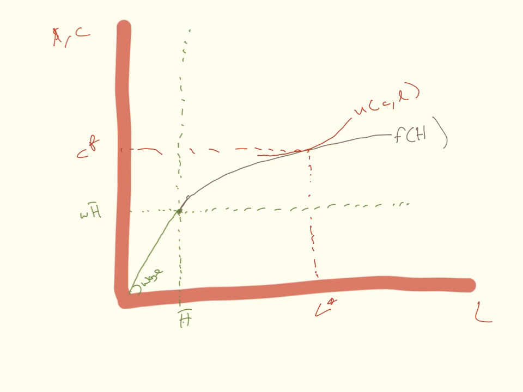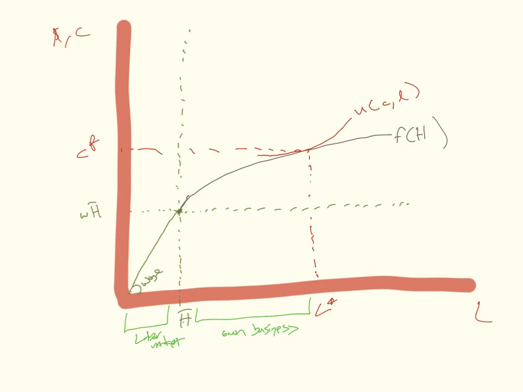And when we look at the division of labor between different activities, we have 0 to H bar is in the labor market, and then H bar to L is in the own business or farm.